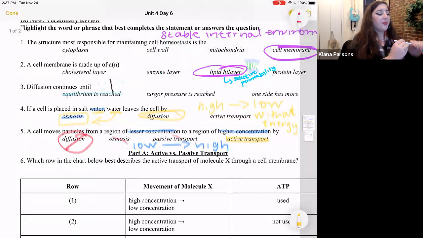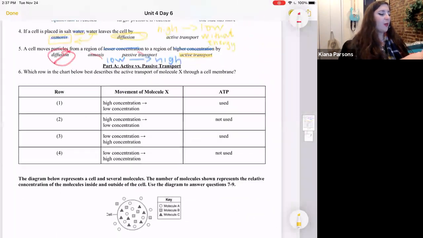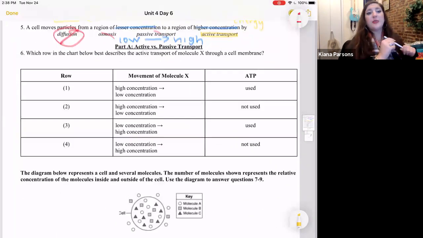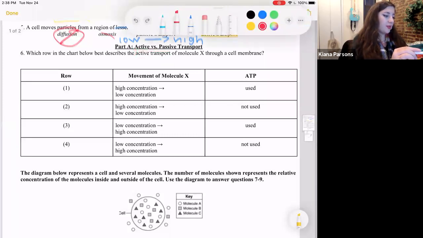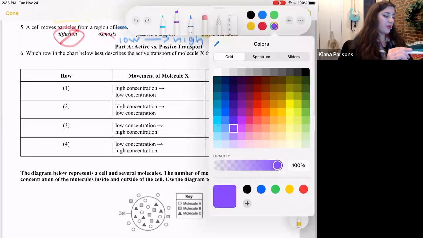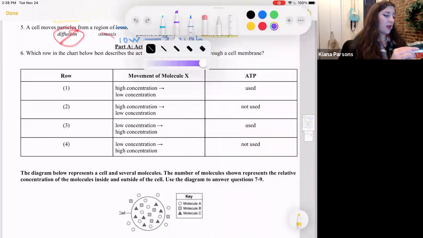There we go. Okay. So now, part A, active versus passive transport. Which row in the chart best describes the active transport of molecule X through a cell membrane? So when we're talking about active transport, we're talking about two different things.